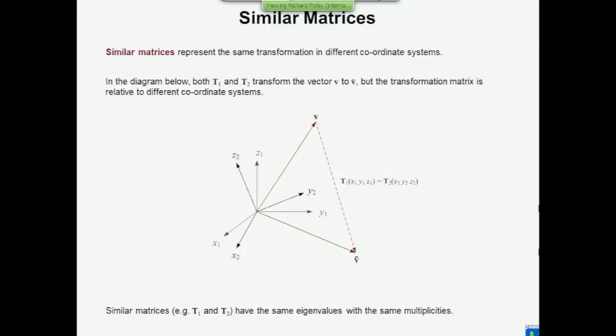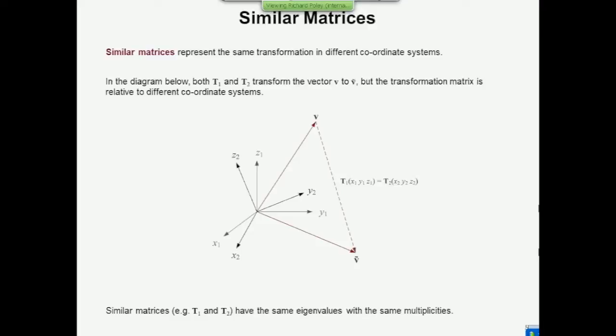Now, I want to begin by explaining the concept of similar matrices. When matrices are used for transformations, you've seen that in n dimensions, the matrix has dimensions n by n. The matrix is square. And so if we have a transformation from one vector to another in three-dimensional space, the transformation matrix which performs that is three by three.